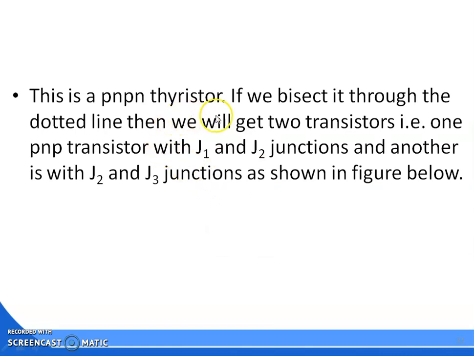This is the PNPN thyristor. If we bisect it through the dotted line, then we will get 2 transistors. That is one PNP transistor with junctions J1 and J2, and another with junctions J2 and J3, as shown in the figure below.